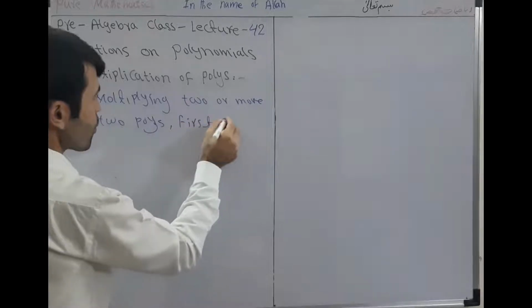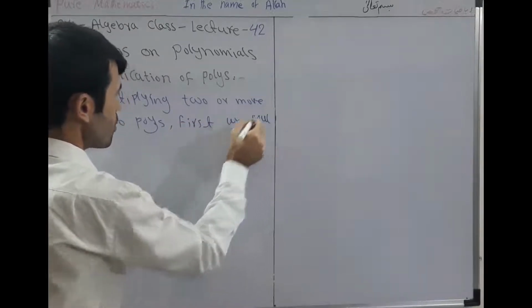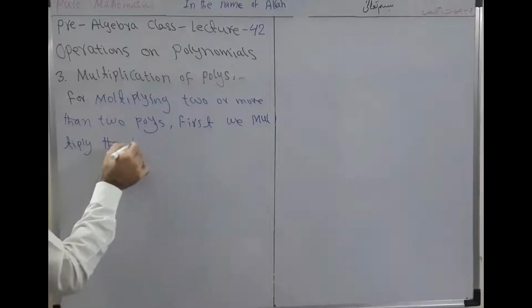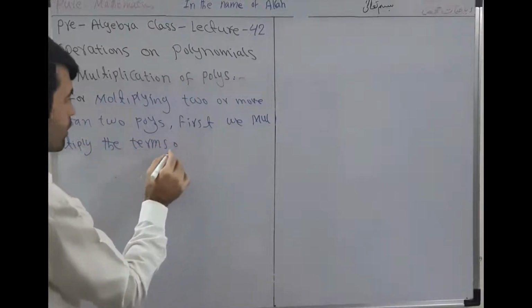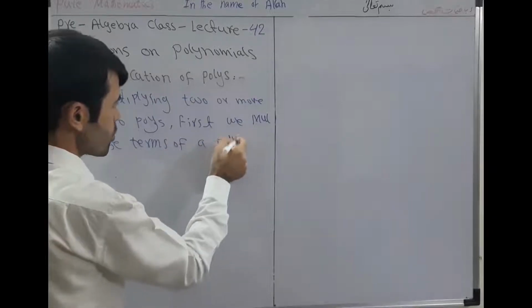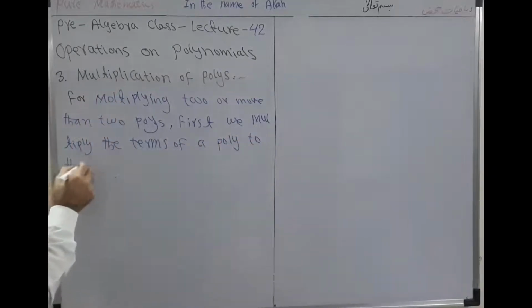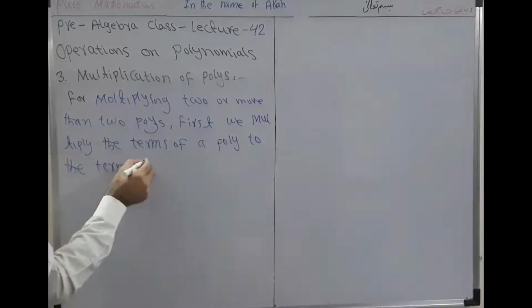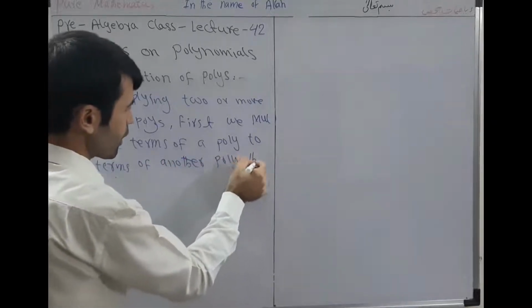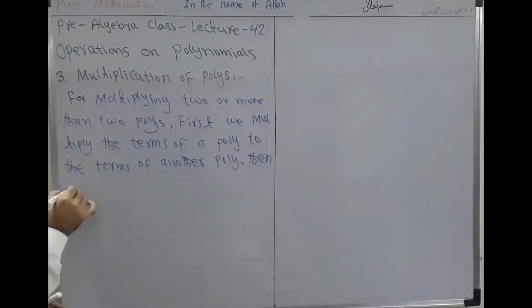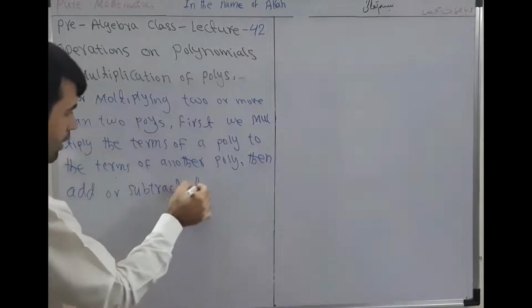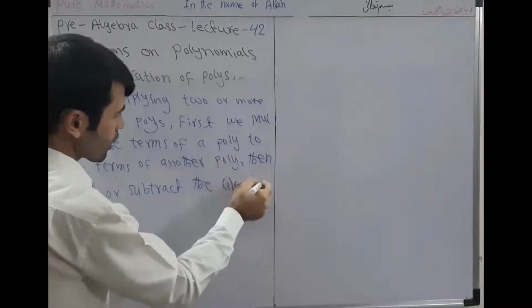First we multiply the terms of a polynomial to the terms of another polynomial, then add or subtract the like terms.